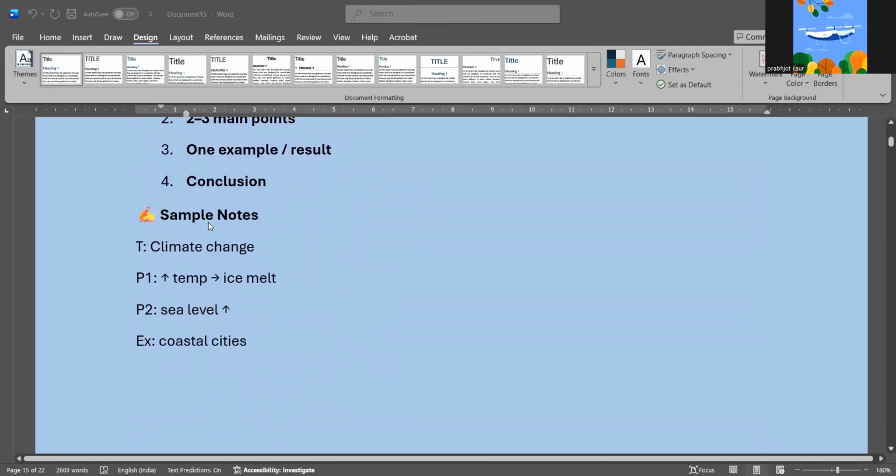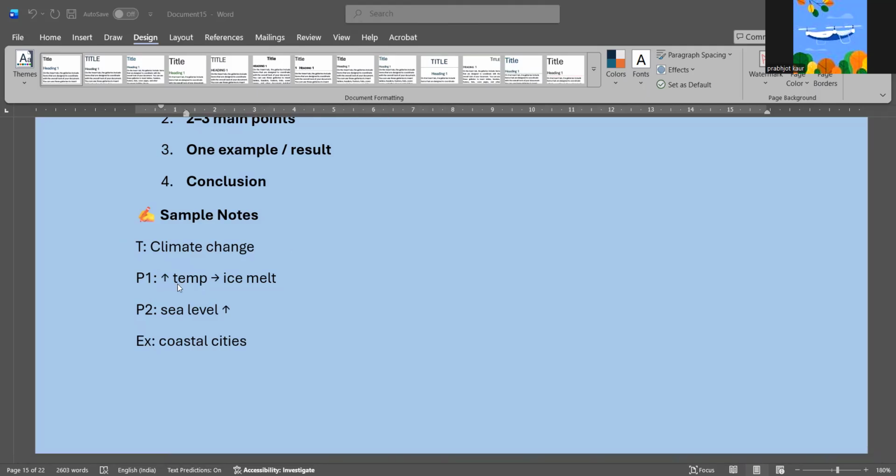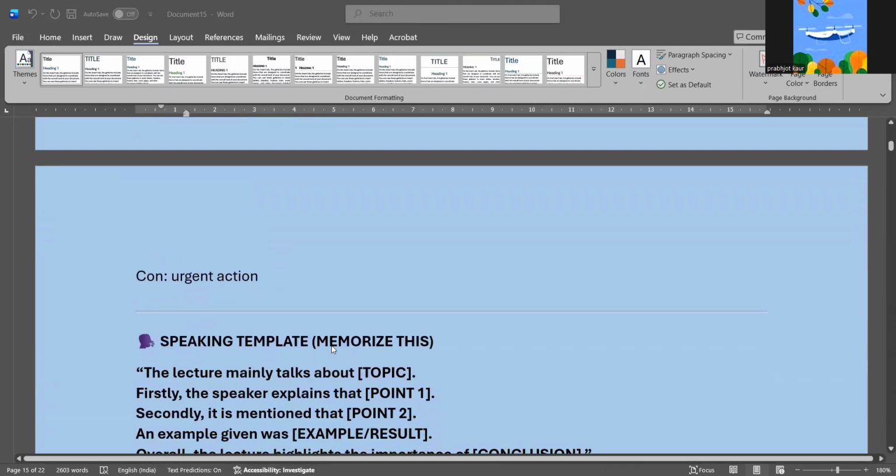So here is a sample. Climate change is the main topic, and temperature and ice melt is point one. Point two is sea level increase, and coastal cities is an example. And the conclusion is urgent action.